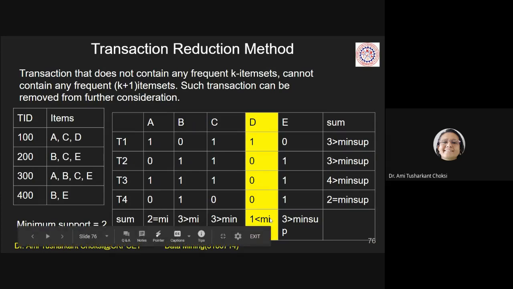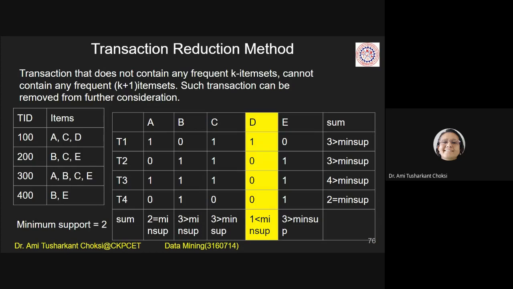Wherever you have the total, horizontal or vertical, which is less than minimum support, we will remove that particular column or row from further processing, because it is not frequent. When it itself is not frequent, it cannot generate frequent item sets. Fine. So that is the concept of the transaction reduction method.